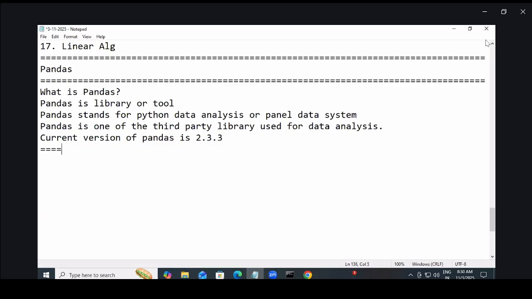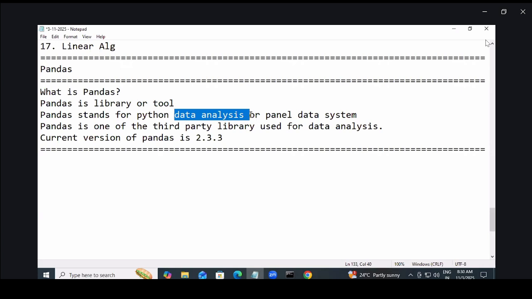What is the advantage of using pandas here? Why are we using pandas? We are using pandas for data analysis. Now, what is data analysis?